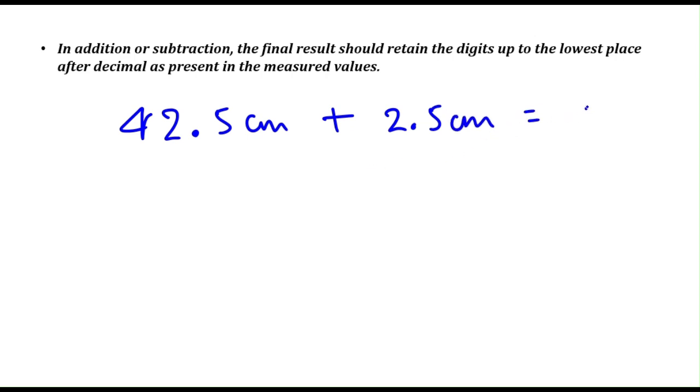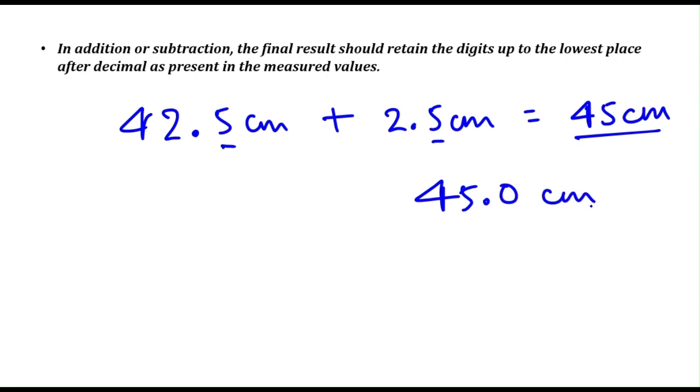It should be 45 centimeter. Okay, but one thing we should be careful about, that if we are not mentioning this decimal place in the final result, it's 45.0 centimeter.